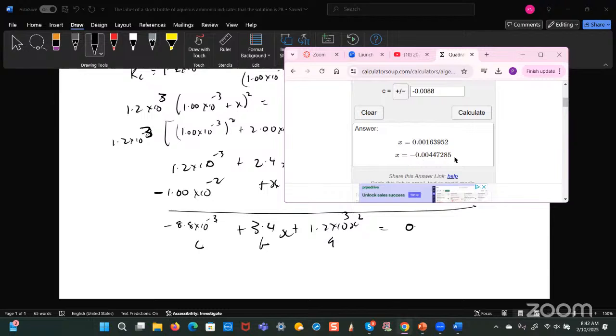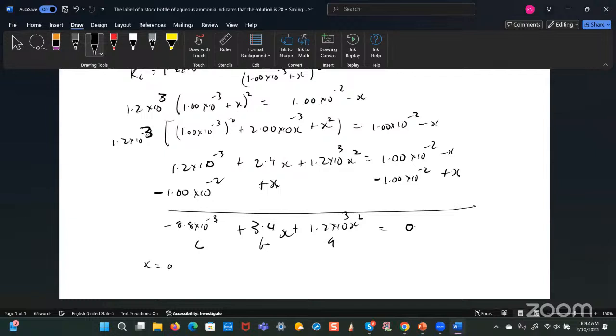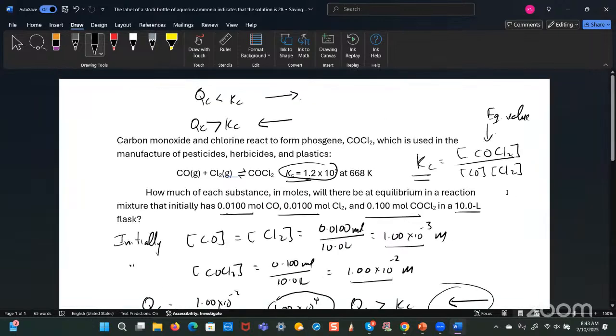Now, in reality, there's no such thing as a negative x value when it comes to this system. So basically what we're going to do is choose to use the positive value, which is x equals to 0.0164. So x will be equal to 0.00164. And therefore, based on that, we can determine what the question is asking for.